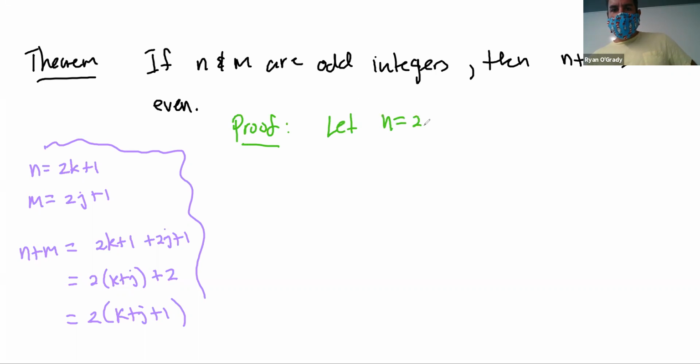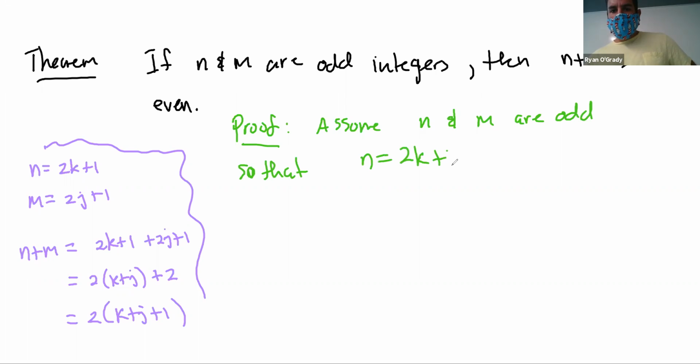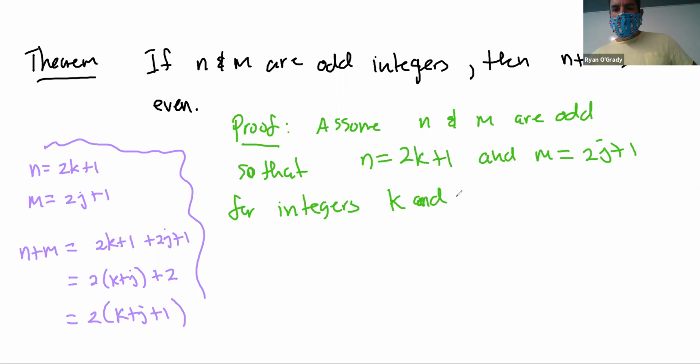We're going to assume, and write out very clearly: assume n and m are odd, so that n equals 2k plus 1 and m equals 2j plus 1 for integers k and j.